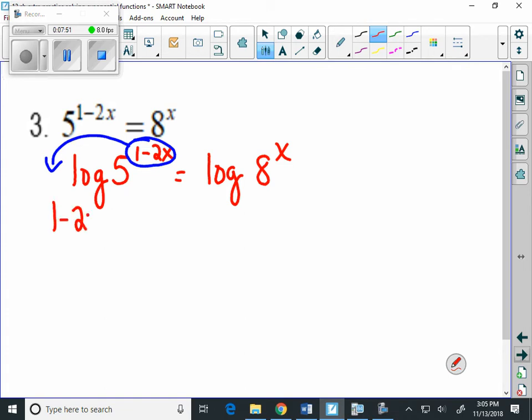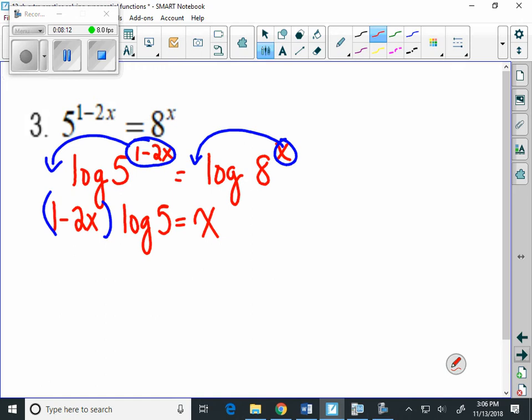So it's 1 minus 2x is going to be multiplied by the log of 5. And over here on the other side, we need to do that same process with the x and make it a coefficient. So this is going to be x times log of 8.